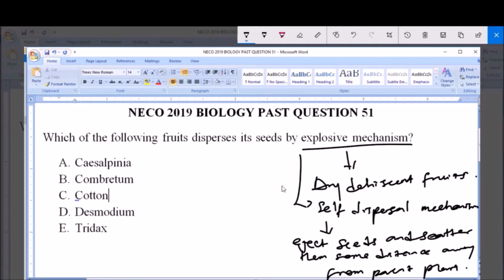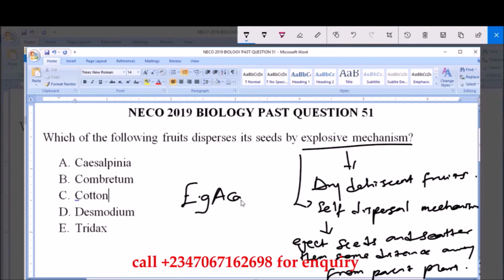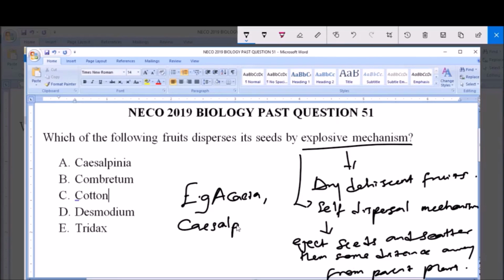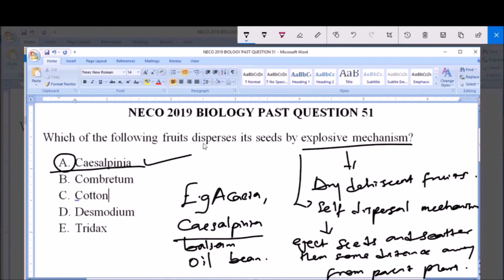Examples of dry dehiscent fruits that disperse their seeds via explosive mechanism include the acacia, the caesalpinia, the balsam fruits, and the oil bean fruits. And from our options here, you see that option A is Caesalpinia. So Caesalpinia is a fruit that disperses its seeds by explosive mechanism, and that is the answer to this question, A. Caesalpinia.